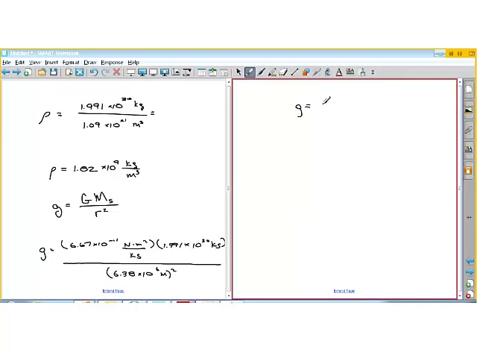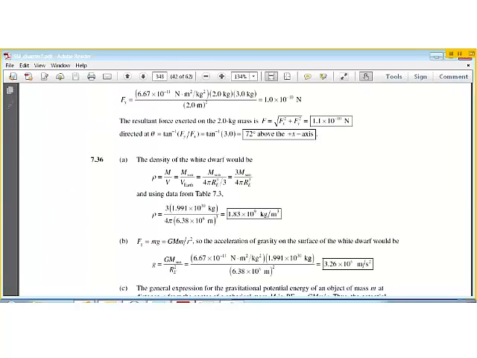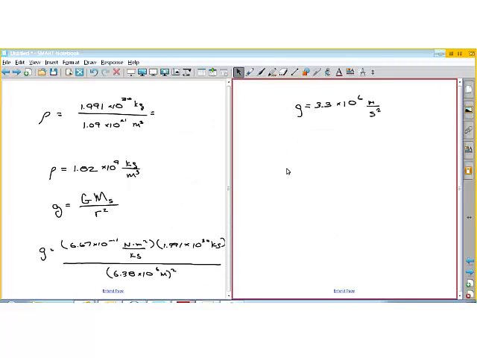And I get that g is 3.3 times 10 to the 1, 2, 3, 4, 5, 6 meters per second squared, which compares with 9.8 meters per second squared. So it's a huge, huge g. Let's check it out. 3.26 times 10 to the 6th. Okay, that's close. About what I got.